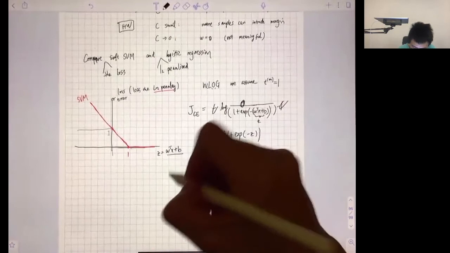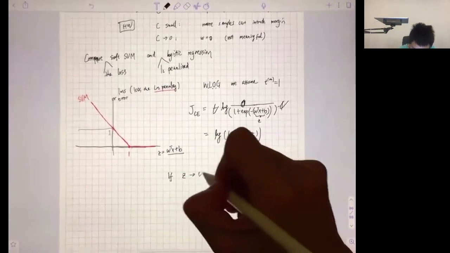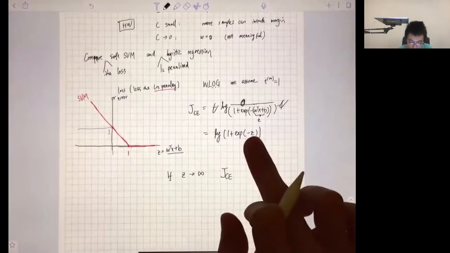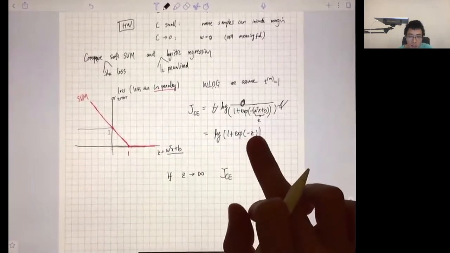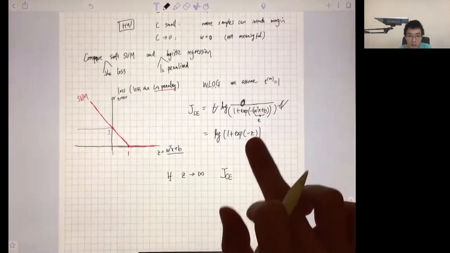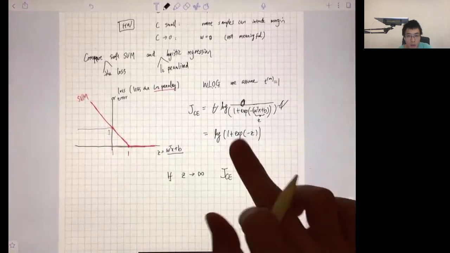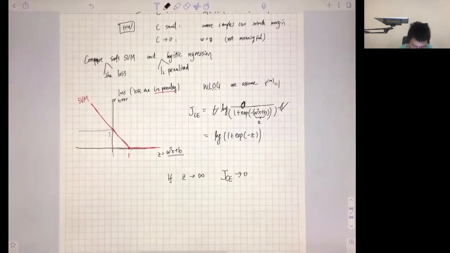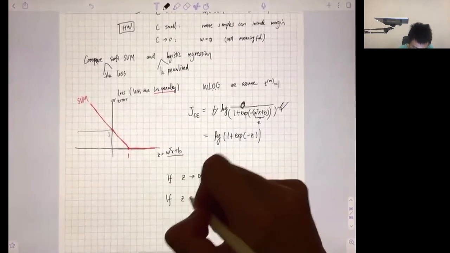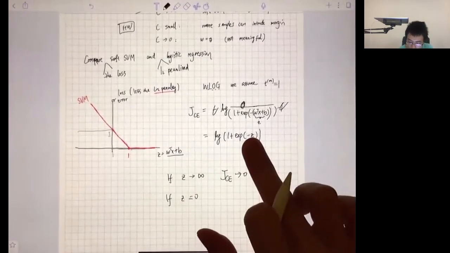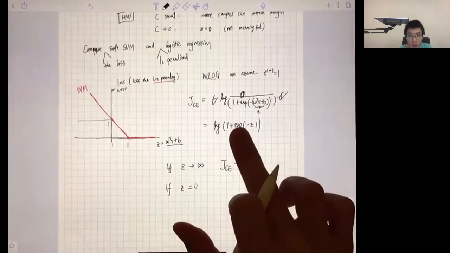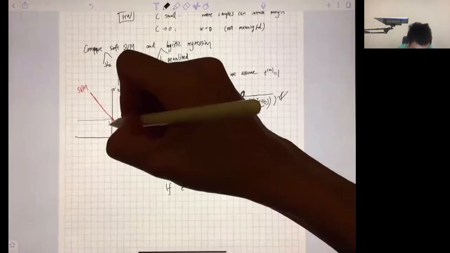Then we know if z goes to infinity, the exponential of minus infinity is almost 0, then it's almost log 1, which is 0. If z is 0, then its exponential of 0 is 1, so it's log 2. Log 2 is probably some point here.